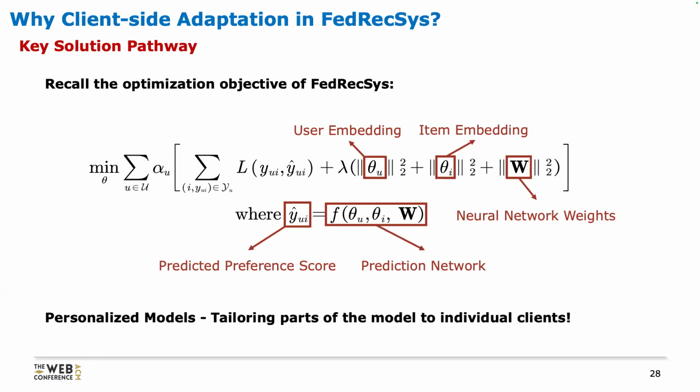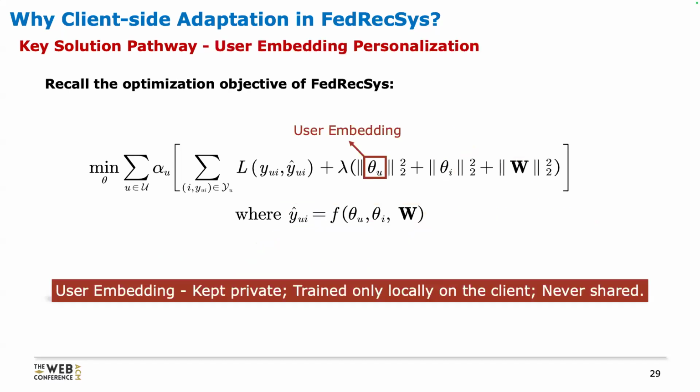The model's parameters are divided into two categories. And as we can see in the formula, there is a user embedding and an item embedding. And moreover, the neural network width would also be personalized in the later parts.